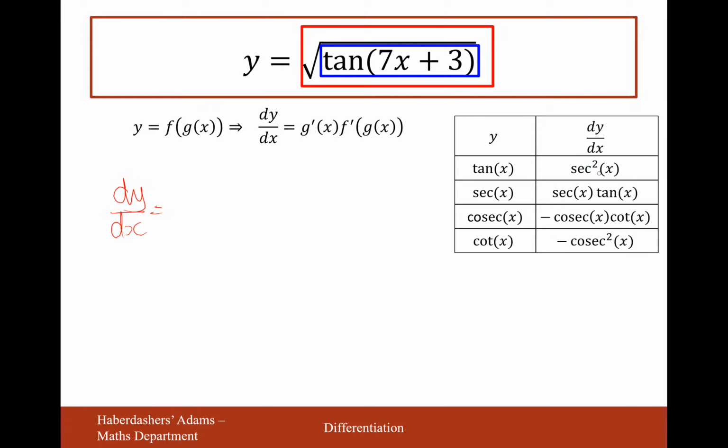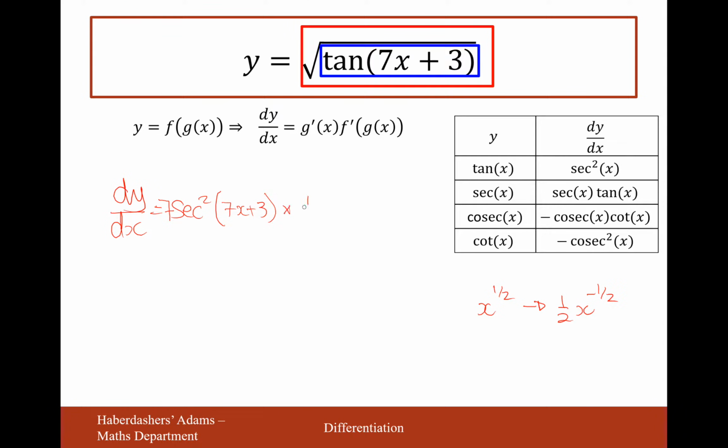So tan differentiates to sec squared, so it's sec squared 7x plus 3, but whoops, I forgot to put the 7 to the front because that needs to be multiplied as a scale factor at the front. The 3, if you think of it, it's going to be 7x plus 3 differentiated, moved to the front, that's why the 3 disappears. Then it's going to be x to the half as our outside function, differentiating this is a half x to the minus half.